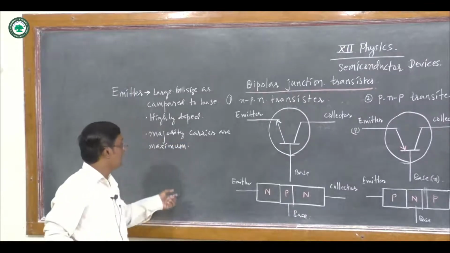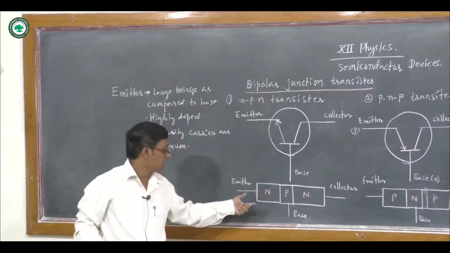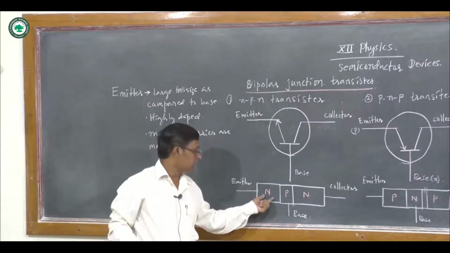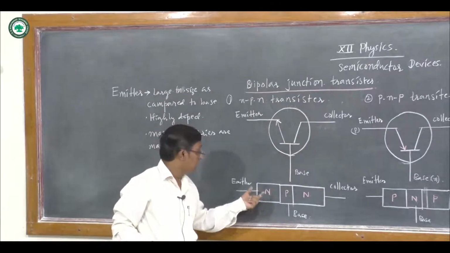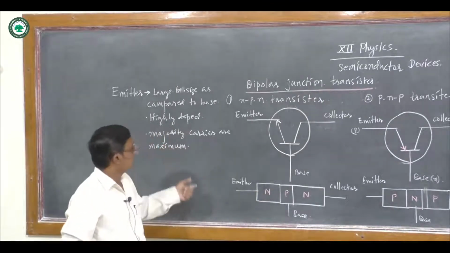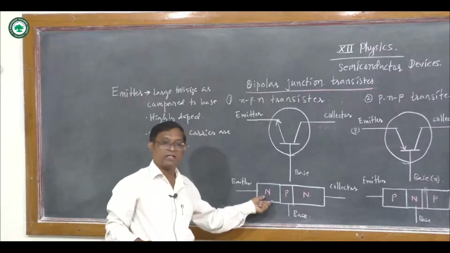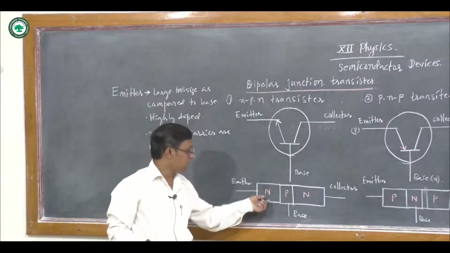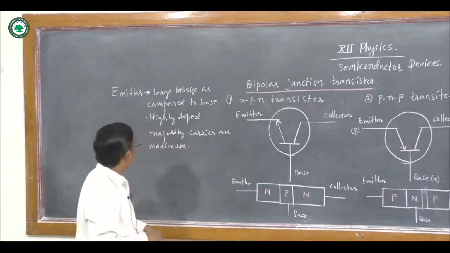In the emitter, which is made up of the n type of material, this region is heavily doped with majority carriers. Here the electrons are the majority carriers in this area. This is heavily doped.